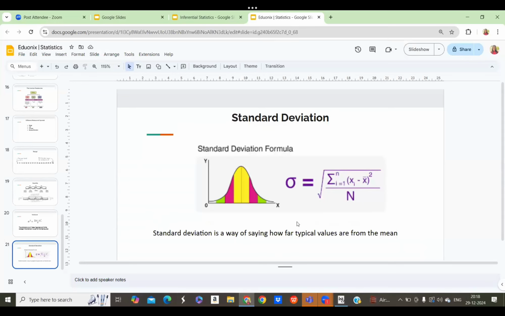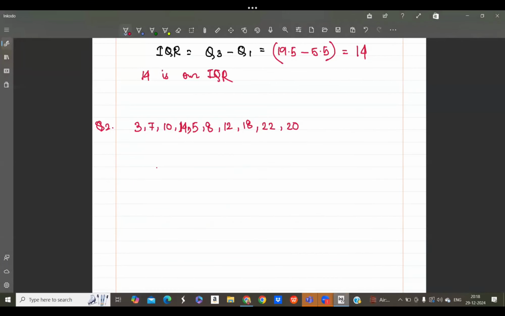Let's first calculate standard deviation. Let me check if I get a real data.